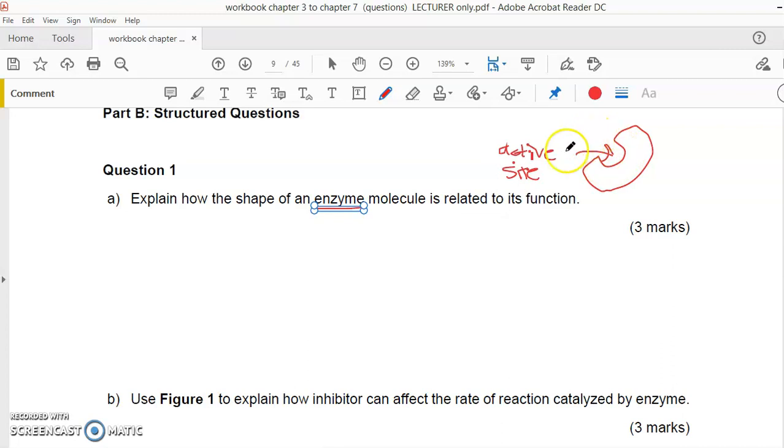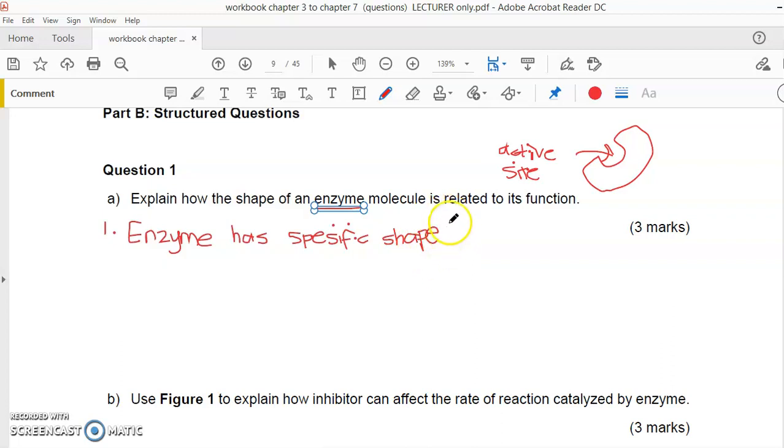Okay, so we can say that number 1, enzyme has a specific shape, right?